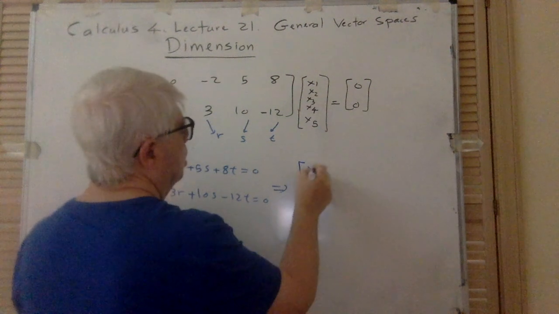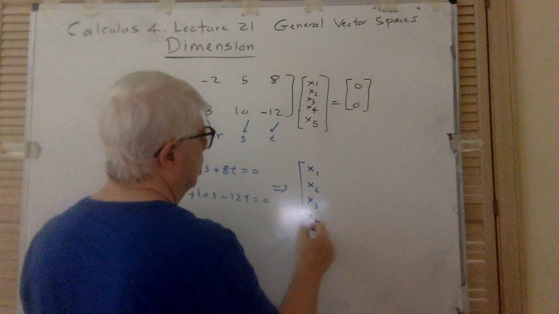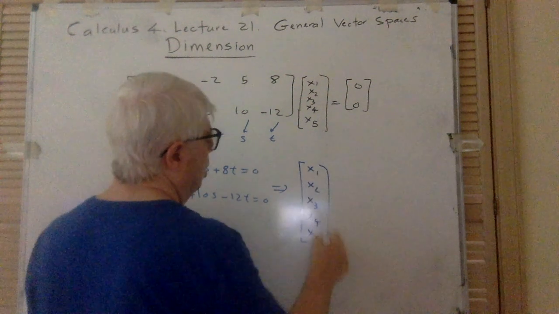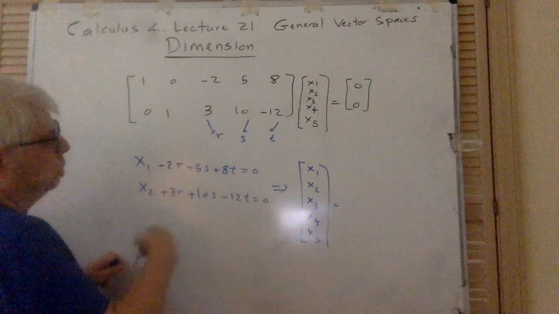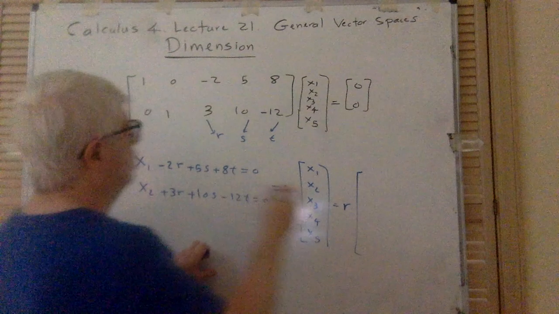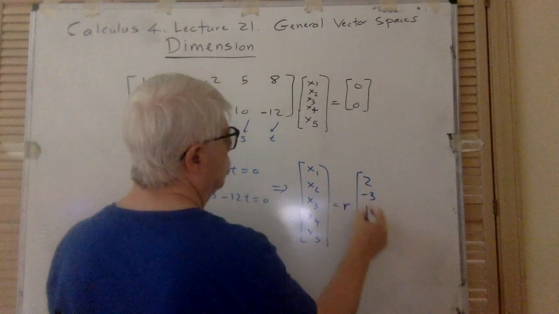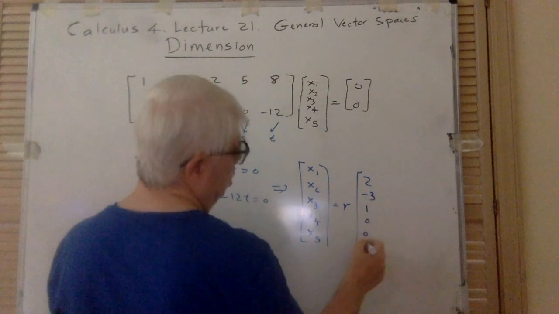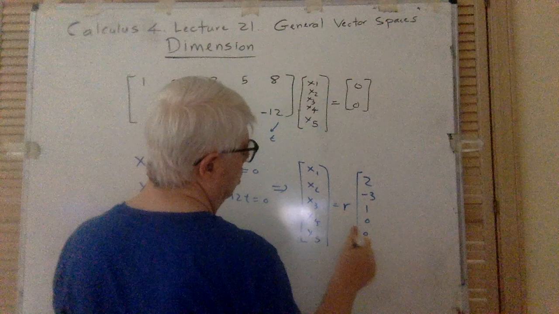And this gives me, let me write it, x1, x2, x3, x4, x5, and so I should take this to the other side, so it is r times, when I take it to the other side, I have 2 here, this is minus 3, this is 1, 0, 0, how many? 0, just 0, 0, right? So that's 5.